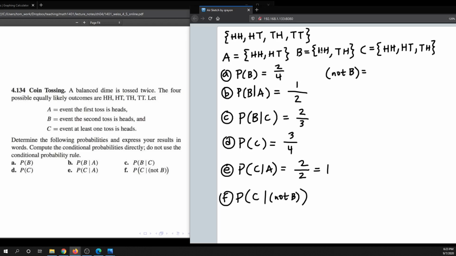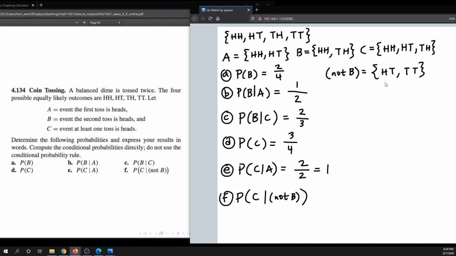HH, is that in B? It is. HT, that is not in B, so that would be in the event not B. TH, is that in B? It is. TT, is that in B? It is not, so TT is in the event not B.